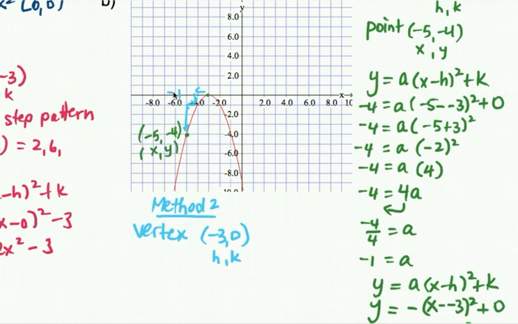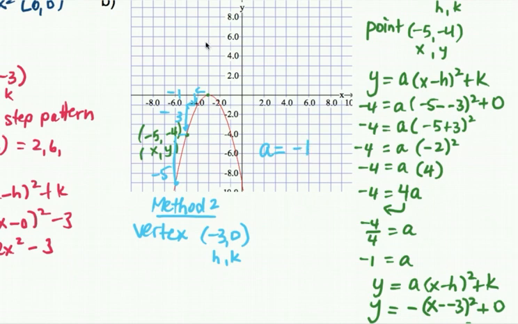So down 1. And then here we are going down 3. Over 1, down to here, 1, 2, 3, 4, 5, down 5. So we have our step pattern.